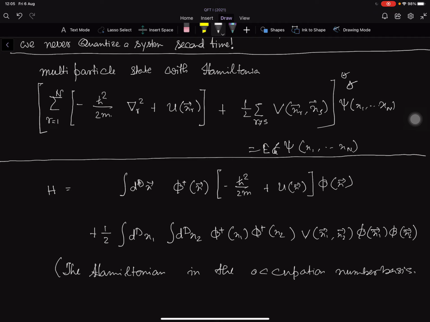Okay, so the important thing is that if I just start from this expression, then I automatically get the A's and A daggers from the definition, and it automatically knows about the occupation number basis.